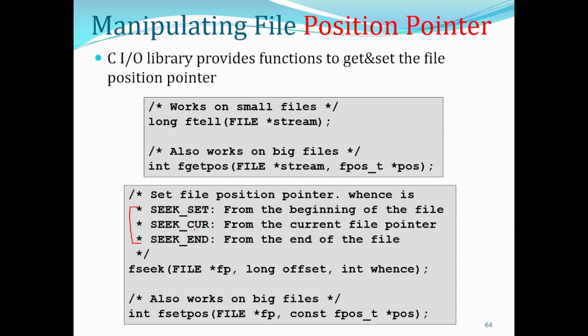SEEK_CUR means the current position of the file pointer, and SEEK_END is the end of the file. So if I use fseek, the file seek function, first of all I need to give the file, and then I will give the offset address.